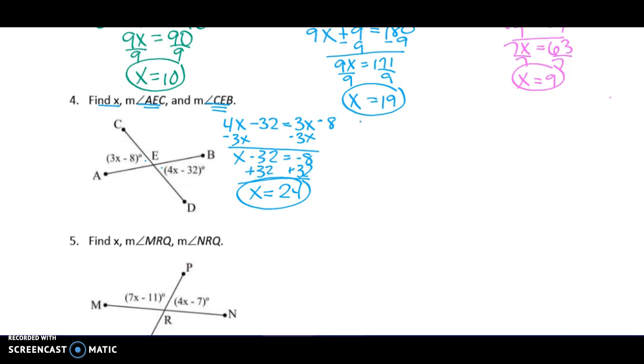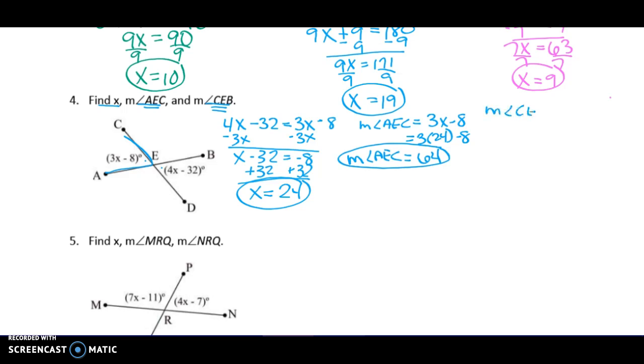Then to find our other missing pieces, the measure of angle AEC. So AEC, that's the 3x minus 8. That is 64. And then the measure of angle CEB.